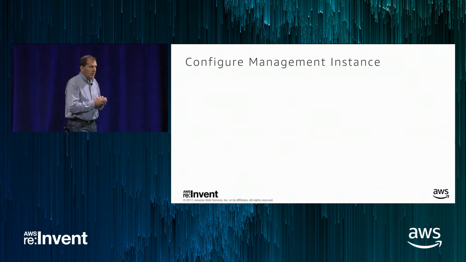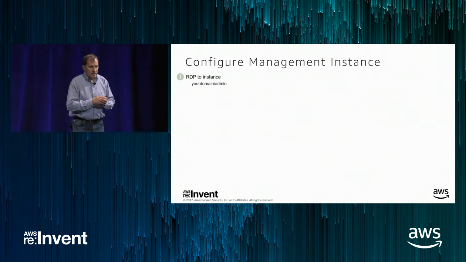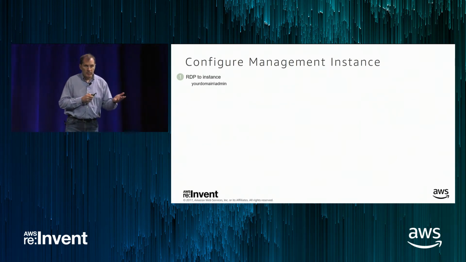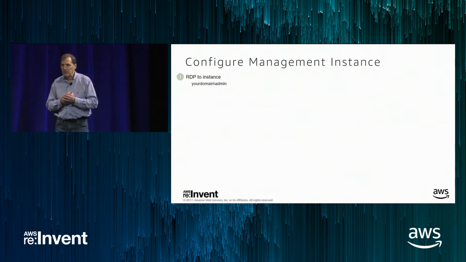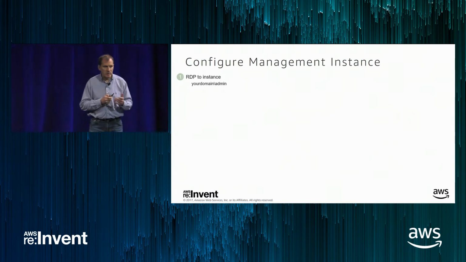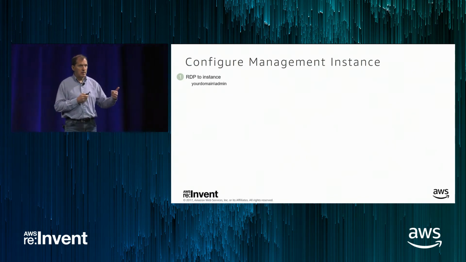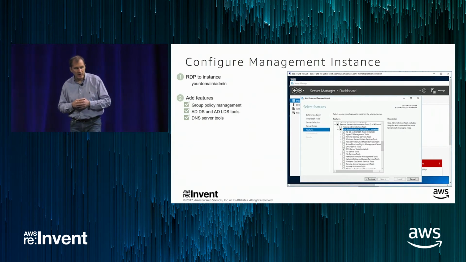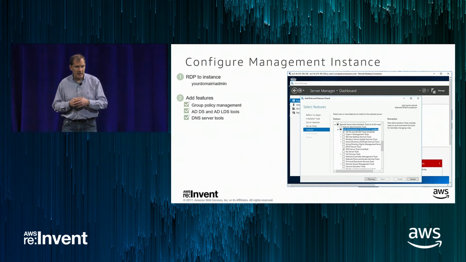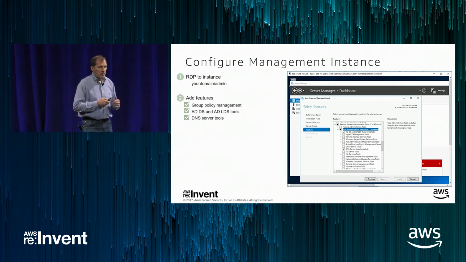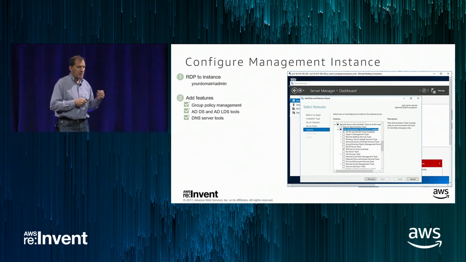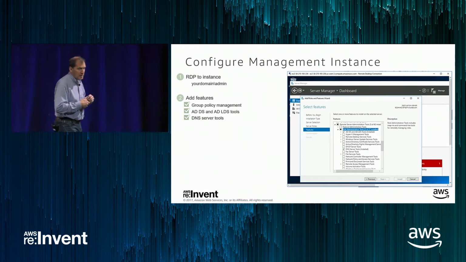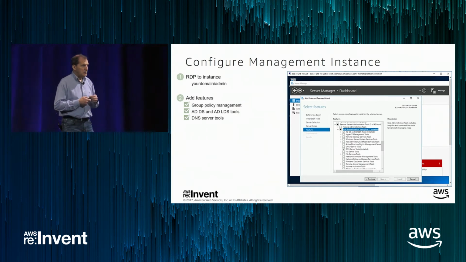Once you've done that, then you're going to manage your directory. But before you can do that, you've got to install the Active Directory toolset on your EC2 instance. So you're going to RDP into the EC2 instance that you just created that's domain joined, and you're going to go into add features in your server manager in the dashboard. You go to there, and you'll add group policy management, AD DS and AD LDS tools, and the DNS server tools.